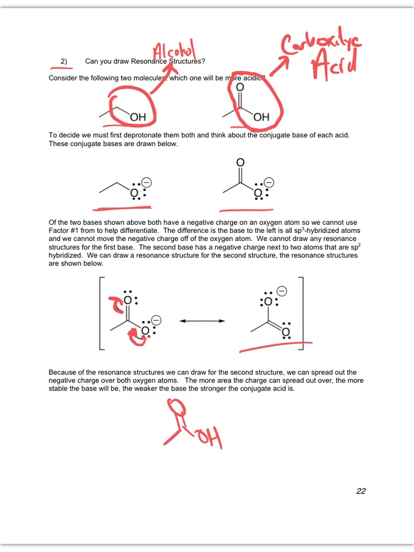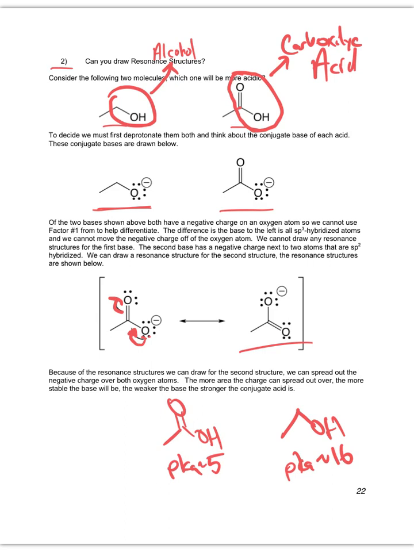So what that tells us is that for acetic acid versus ethanol, we said on the last page ethanol has a pKa of 16. Okay, acetic acid has a pKa of basically 5. So it's not as big of a step as going from an oxygen to a nitrogen, 20 units, or an oxygen to a halogen, 20 units.